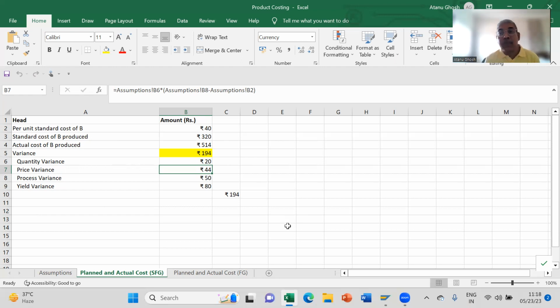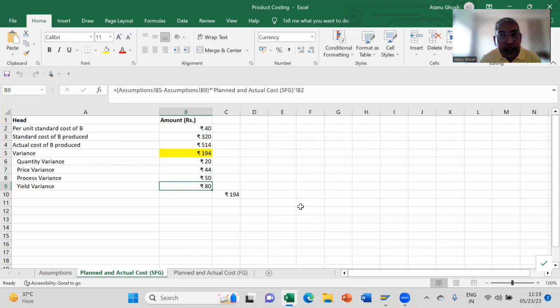That will make the calculations more complicated, and SAP will do that calculation. But here, for simplicity's sake, I'm assuming that all the operations have been done and the rejection of 2 units has happened at the end of the last operation. That's why we are taking the processing cost for 10 units, which is planned to be produced, and not for 8 units that is actually produced. Okay. So that's the process variance.